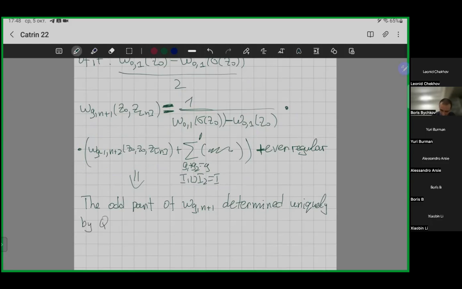But from the linear loop equation, we know that omega G,n plus 1 is an odd form with respect to this involution. So there is no even part.